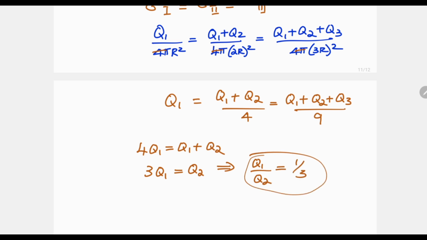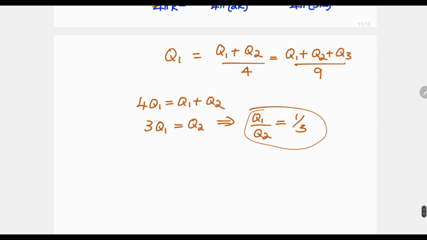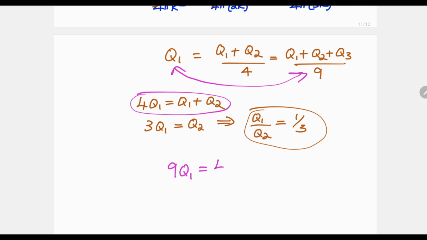Let it be there. Now we can take the next part. That means these two parts, Q1 and this relation. So what you will get? 9Q1 equals Q1 plus Q2, and already we got that as 4Q1. I am going to substitute here.